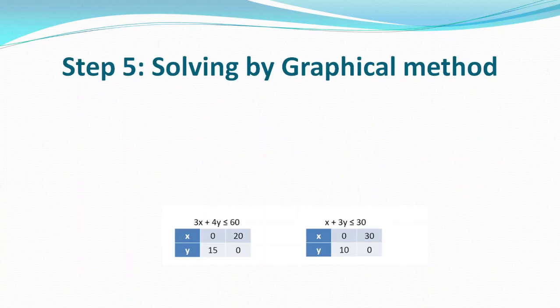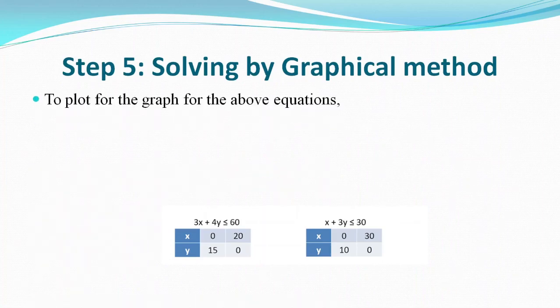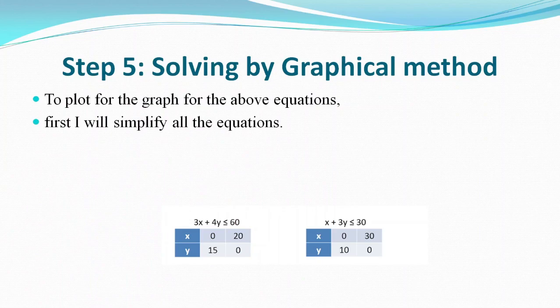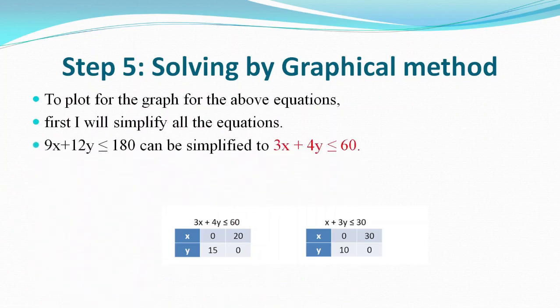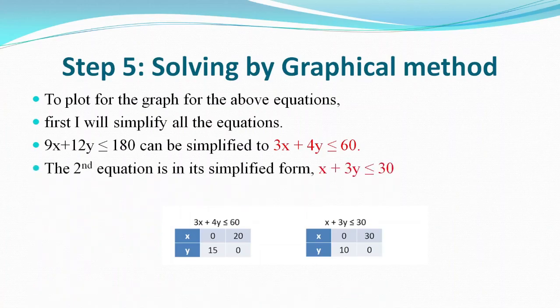Step 5, solving by graphical method. To plot the graph for the above equations, firstly I will simplify the equations. 9x plus 12y less than or equal to 180 can be simplified to 3x plus 4y less than or equal to 60, and the second equation in simplified form is x plus 3y less than or equal to 30.